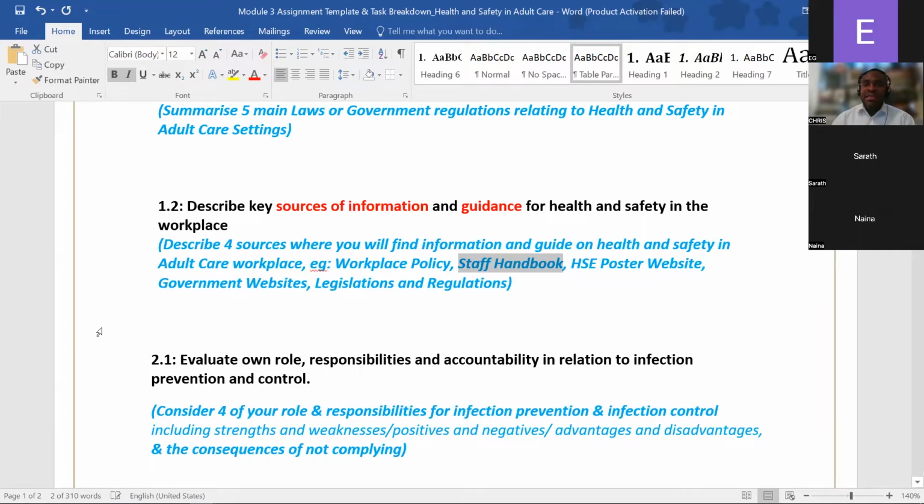Then we have the HSC poster. HSC simply means Health and Safety Executive poster or website. The poster is there on the website. The Health and Safety poster is what is required to be in every workplace, every health and social care related workplace, including all fish and chips shops, chicken and chips shops, Pizza Huts, because they are also regulated.